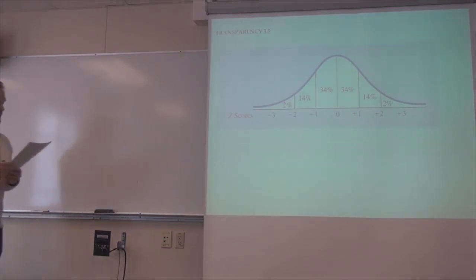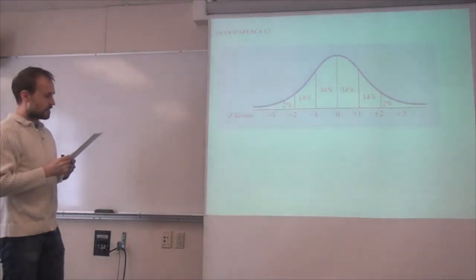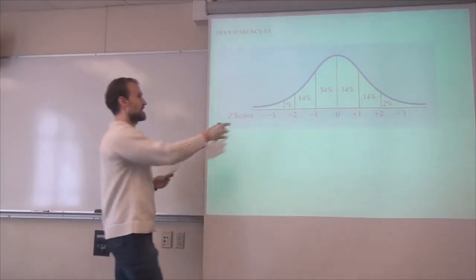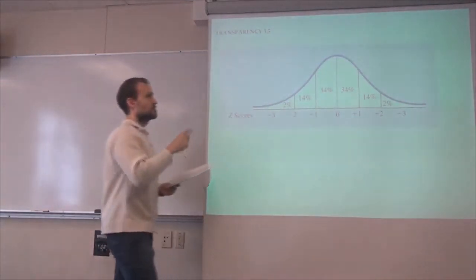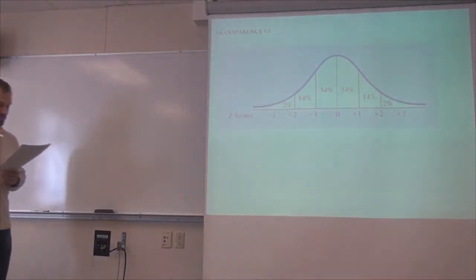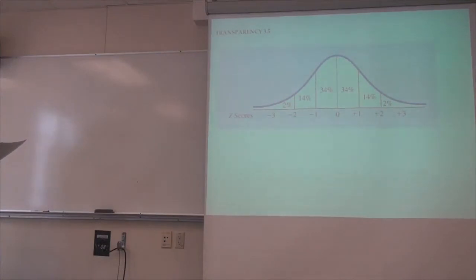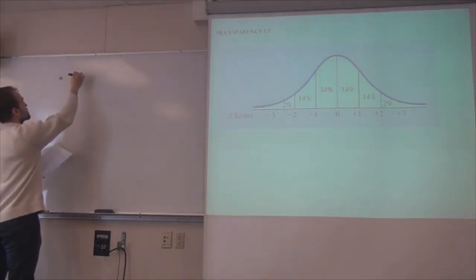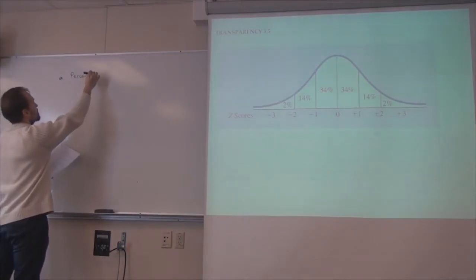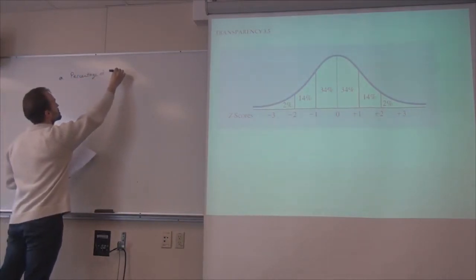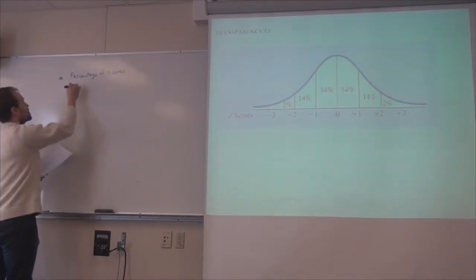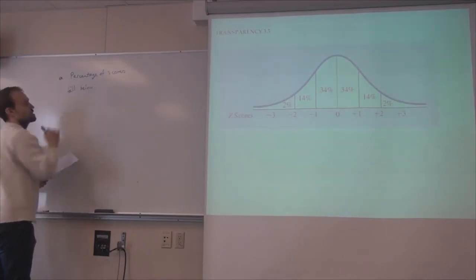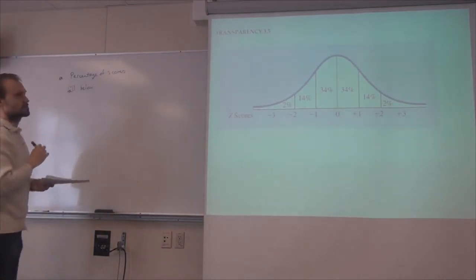So if I've asked my different example questions with percentages falling between different Z values, and I have other values in question, for example, what percentage of scores fall below, or below is fine.